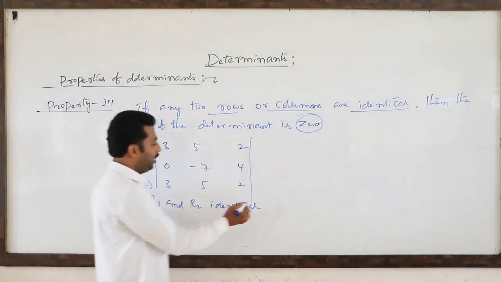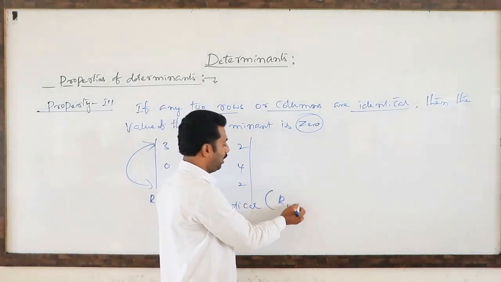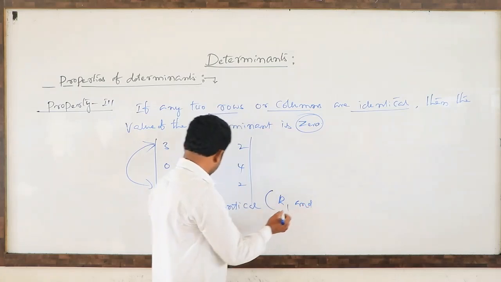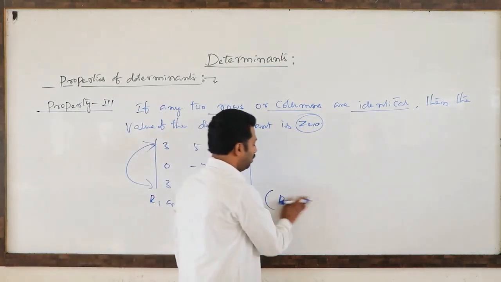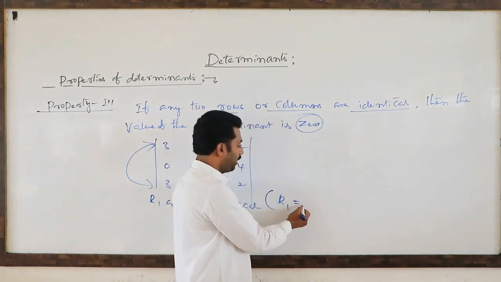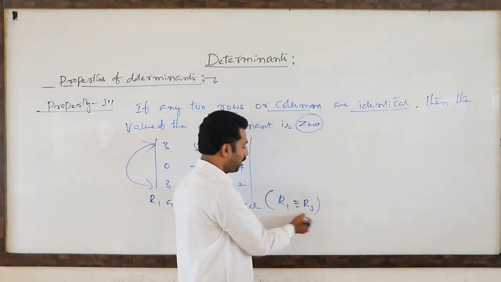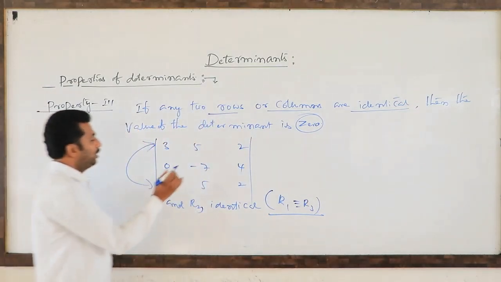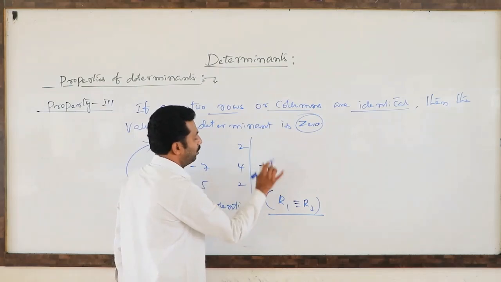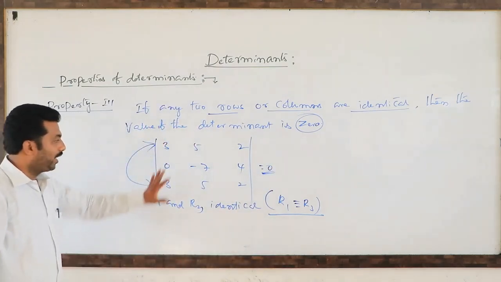So symbolically you can write it like this also: R1 and R3 identical. Then the value of the determinant is always 0. You need not expand this determinant.